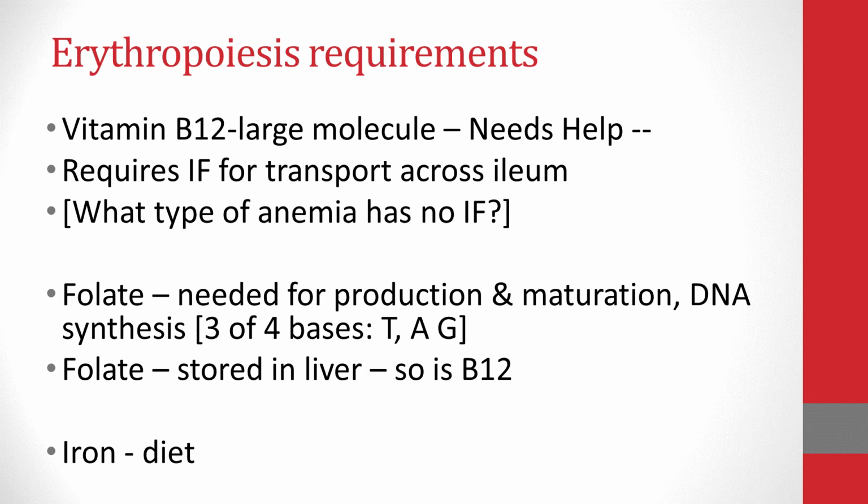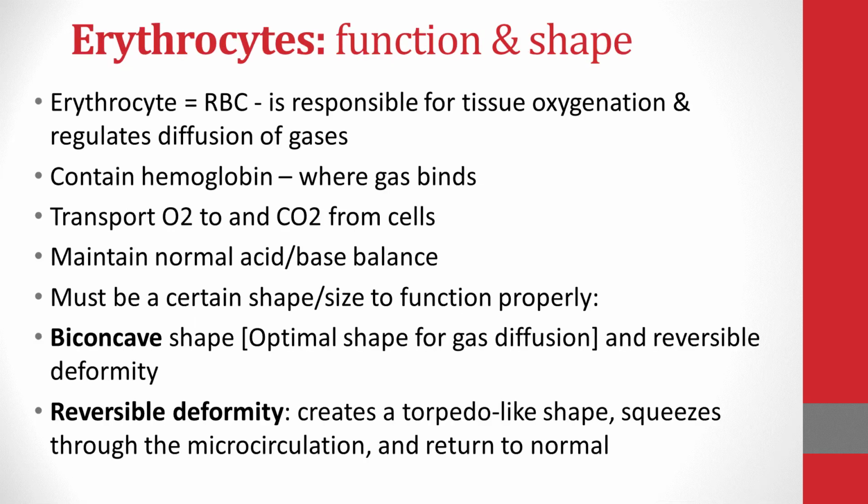The last thing that is needed is iron, which we are going to speak about more in the next couple of slides. A bit about what it is that the erythrocytes do. As you know, they are responsible for tissue oxygenation, and they regulate the diffusion of gases.